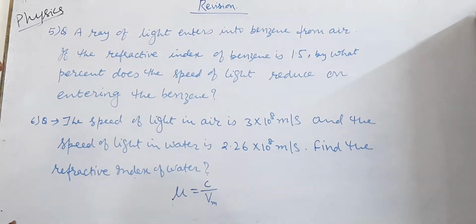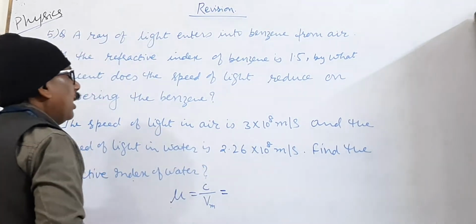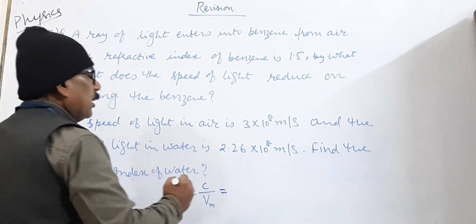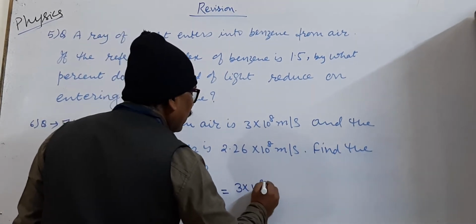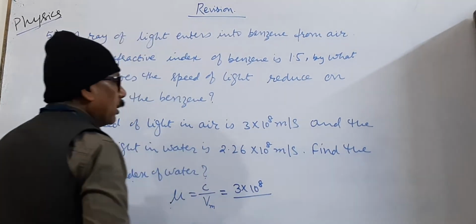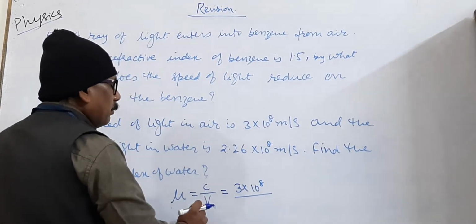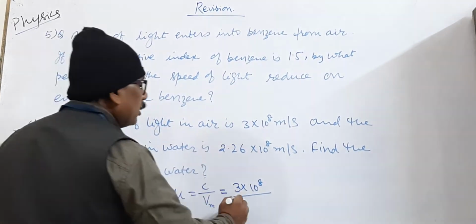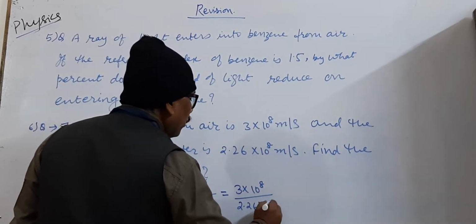Now see here, the velocity of light in air is given 3 into 10 to the power 8 meter per second, and the velocity of light in medium, that is here water, is given 2.26 into 10 to the power 8.